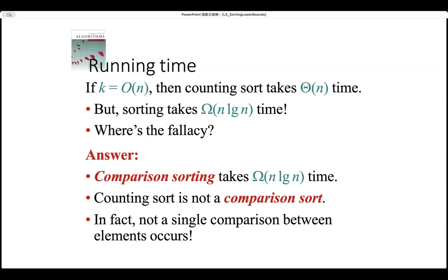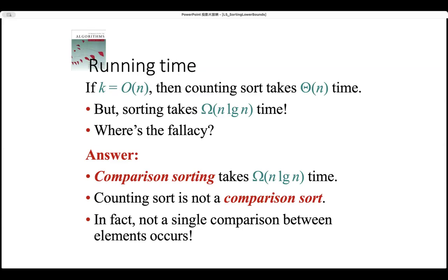We just move the numbers around based on their value. It's kind of interesting, right? Because the basic idea of counting sort is a really simple and straightforward sorting algorithm.